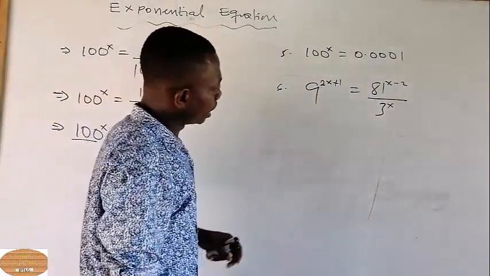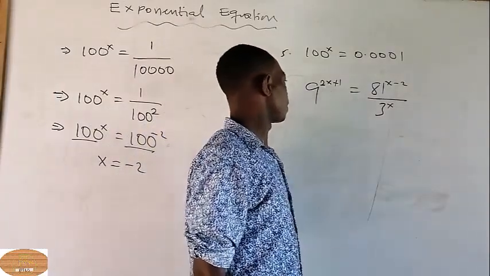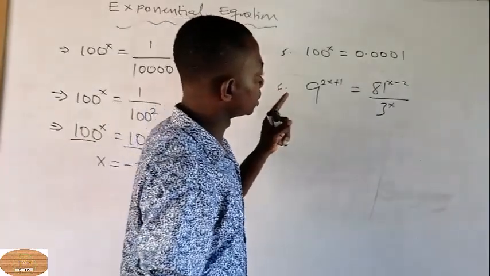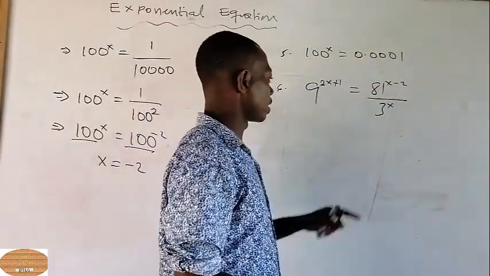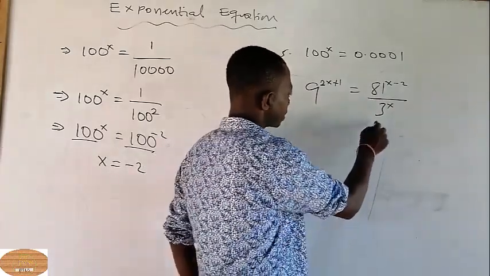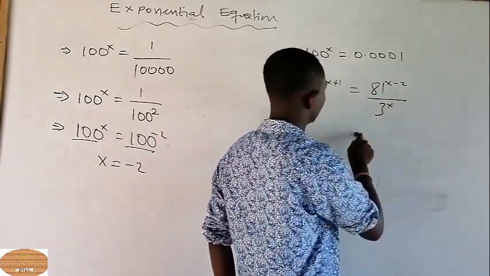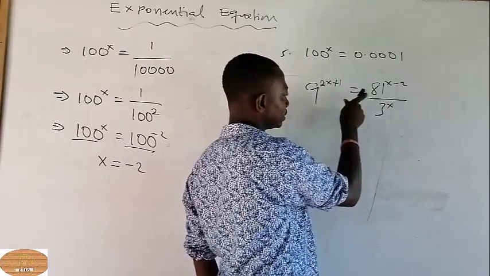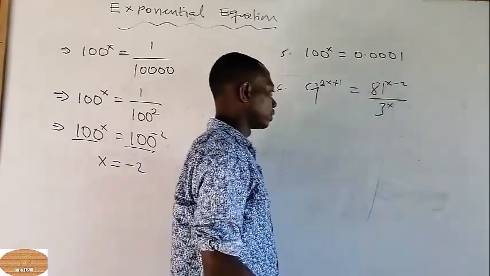Okay. Now 9 to the power 2x plus 1 equals 81 exponent x minus 2 all over 3 to the power x. Alright. So we have 3 here. So let's take this one to the power a number that will give us 9, then same as 81.